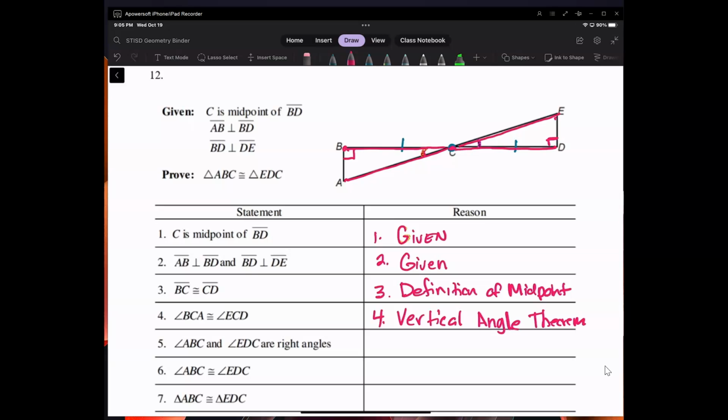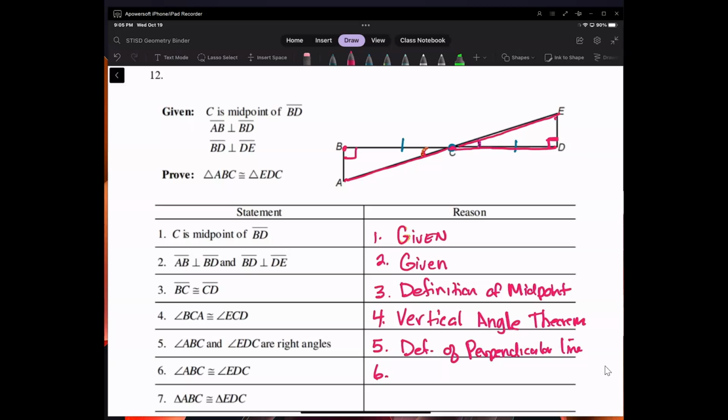Angle ABC and angle EDC are right angles, and that's by definition of perpendicular lines. Remember that if two lines are perpendicular, they form a 90-degree angle. Angle ABC, which is showing us that little box there, is a right angle, and this is also a right angle.